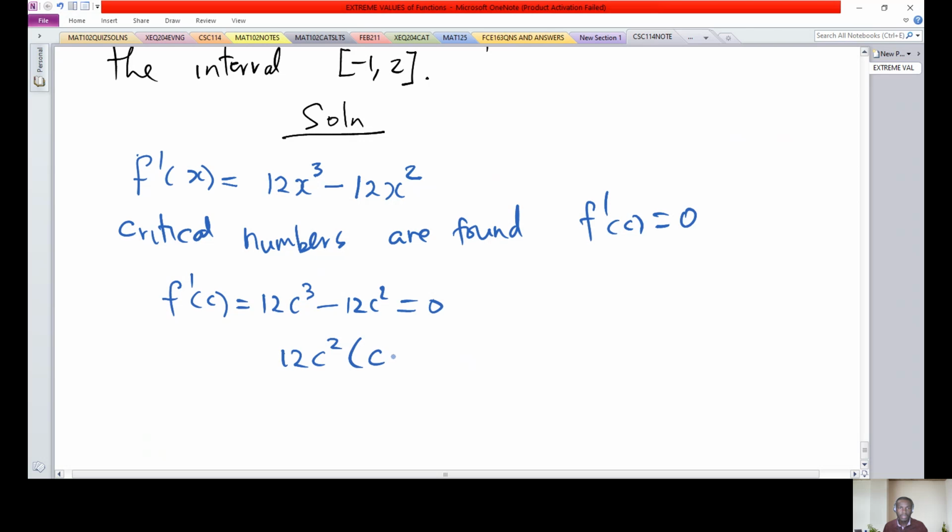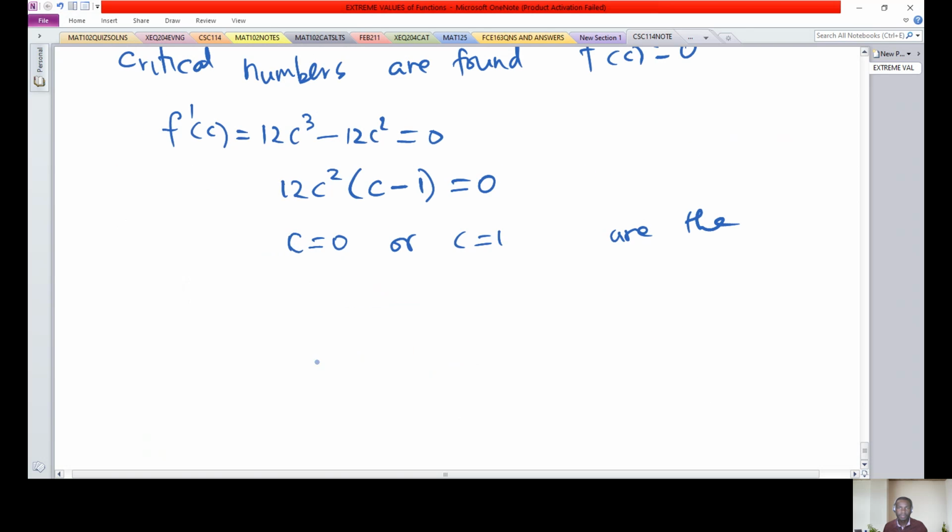This is the same as 12c squared times (c minus 1) equals 0, which means that c equals 0 or c equals 1 are the critical numbers.